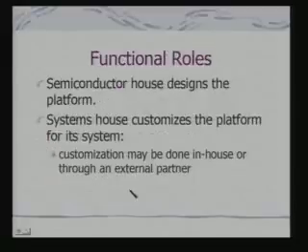And in this context, the functional roles also diversify. A semiconductor house designs a platform, and a systems house customizes the platform for its system. Customization may be done in-house or maybe through an external partner. So here the example says TI is designing the platform and Nokia is developing the product.